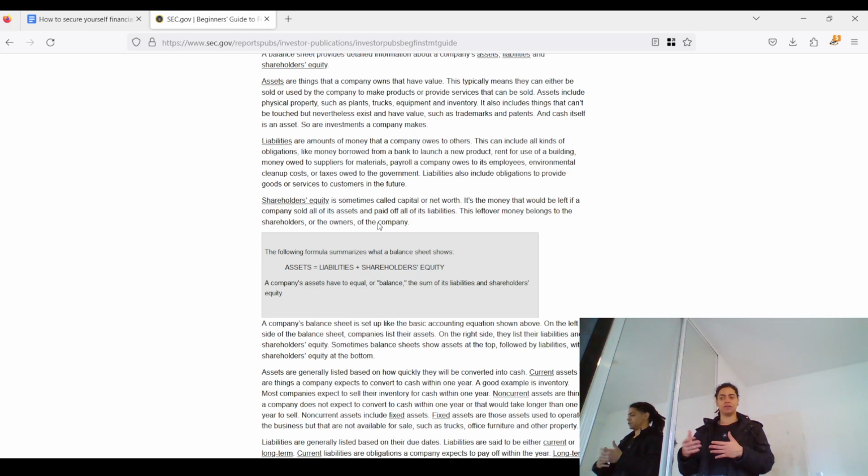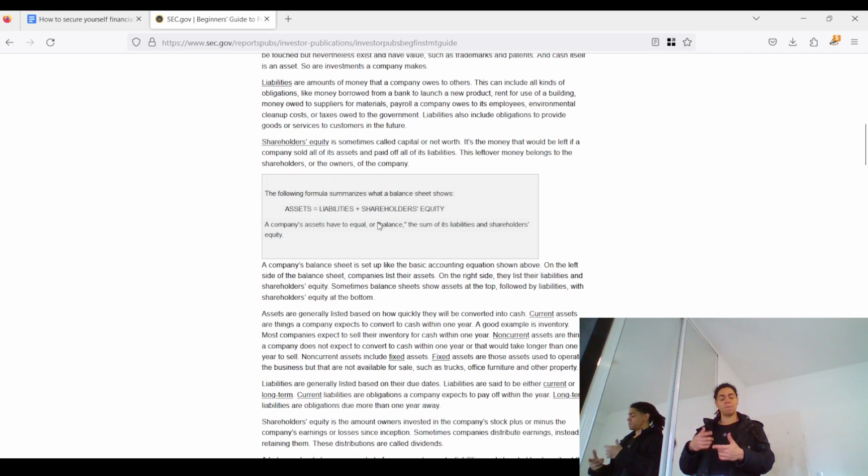Most of the time you find balance sheets organized in that fashion, with all of the assets listed at the top, followed by the liabilities and the shareholders' equity. Assets are generally listed based on how quickly they can be converted into cash.